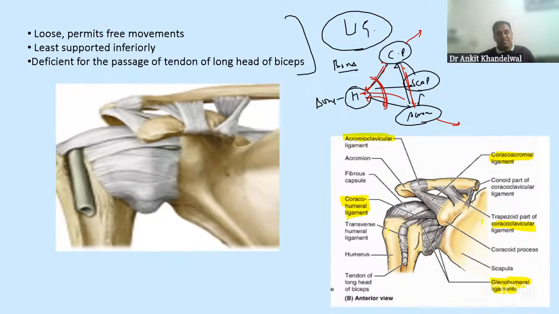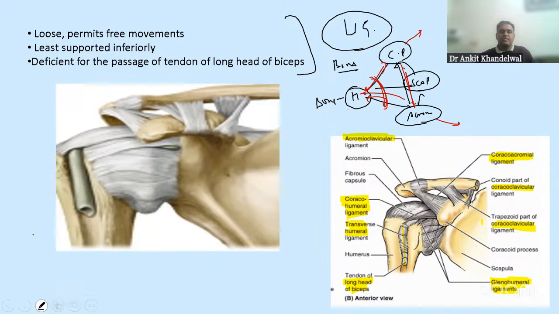Then inside the humerus itself, we have the transverse humeral ligament through which the long head of the biceps tendon passes. It's important. So you can see all the ligaments are covered. If you remember all the bones which contribute directly or indirectly to the shoulder joint, you can remember all the ligaments, simple as that.